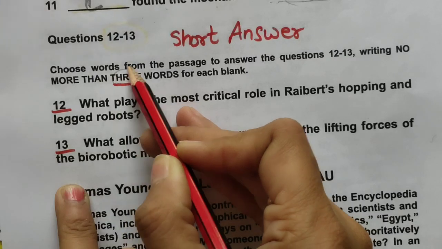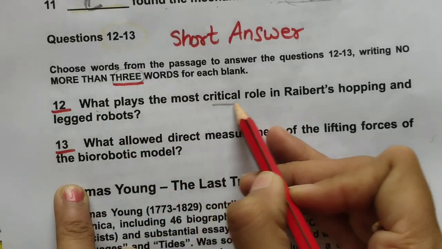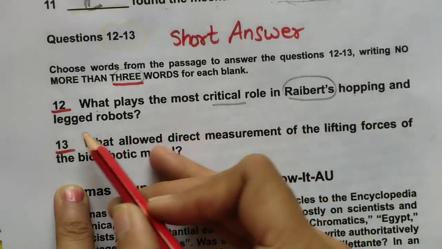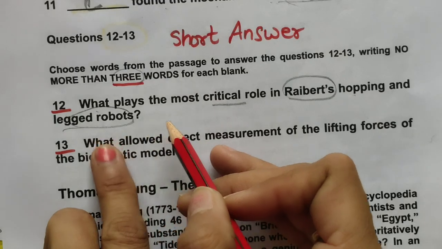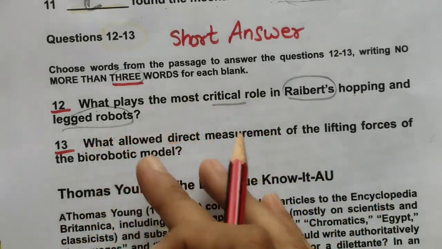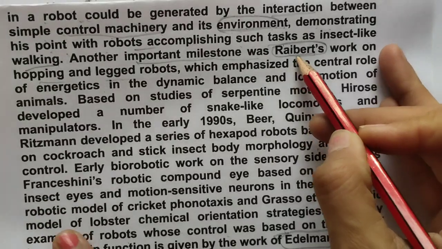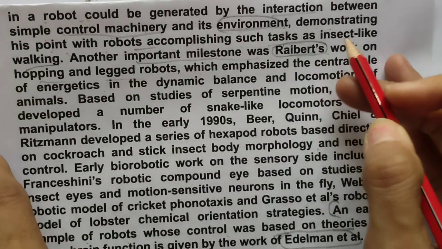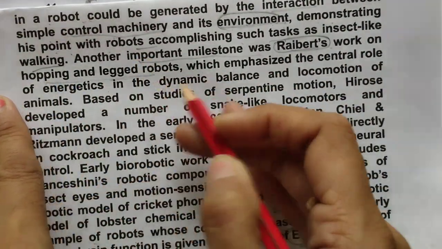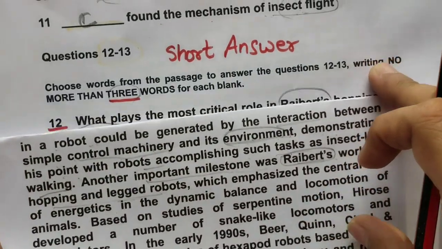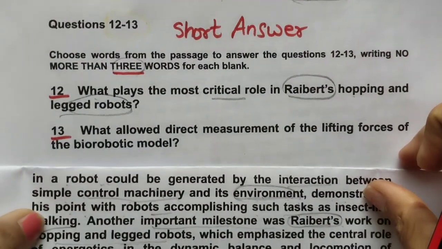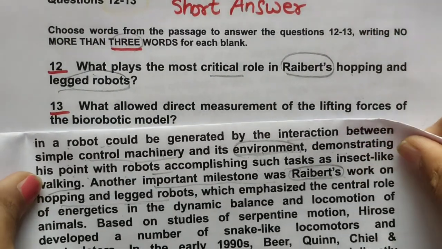Now let's do the short answer type. So we can use 3 words. What plays the most critical role in Raibert's hopping and legged robots? Okay. So in some paragraphs, yes, here is the paragraph, you can see this, Raibert's work. Let's find what the question says, what is the demand of the question.